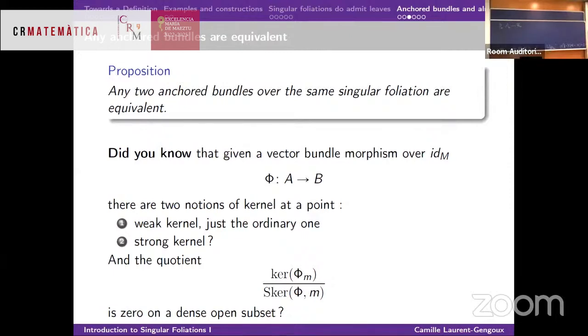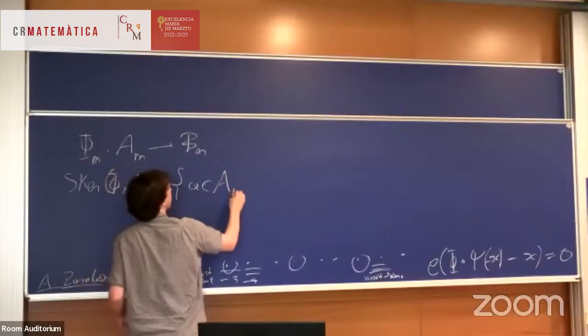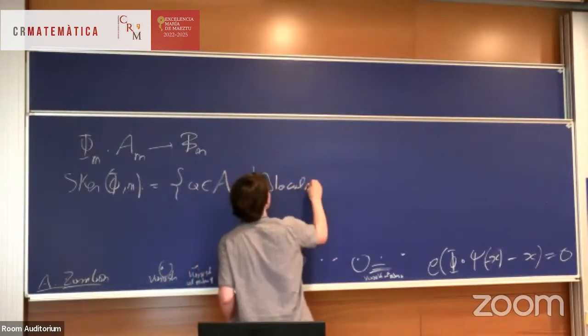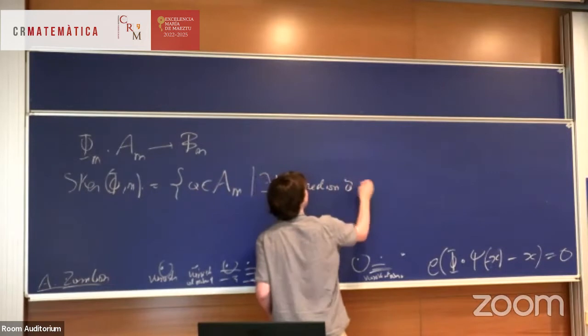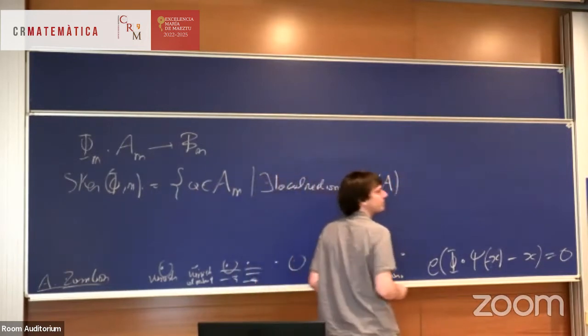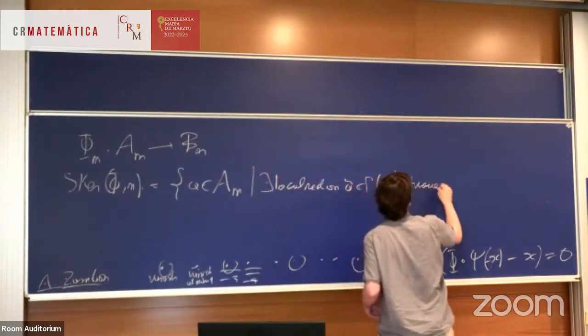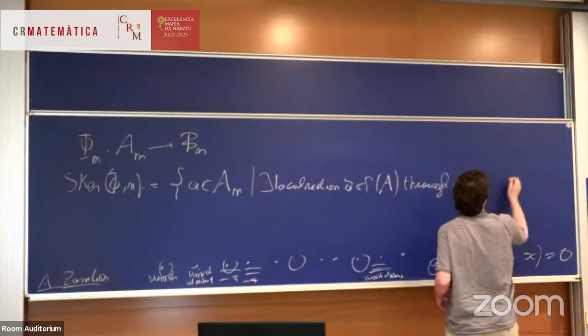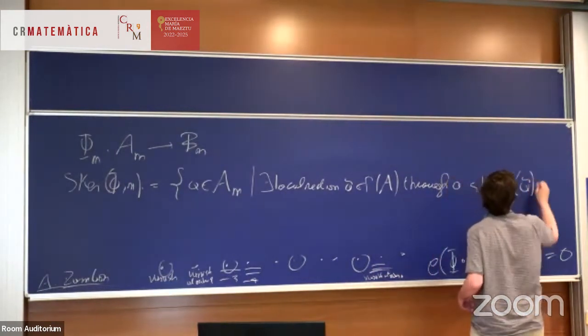And there is a more sophisticated one called the strong kernel. It goes like this. The strong kernel of phi at m consists of elements in the fiber A_m such that there exists a local section alpha tilde of A which is in the kernel of phi at every point.